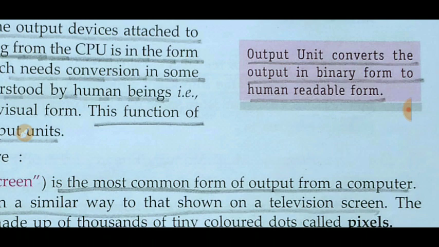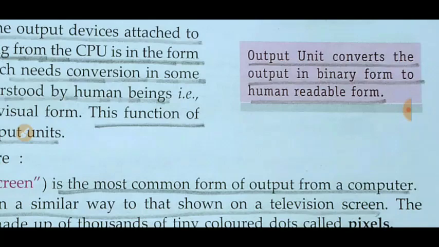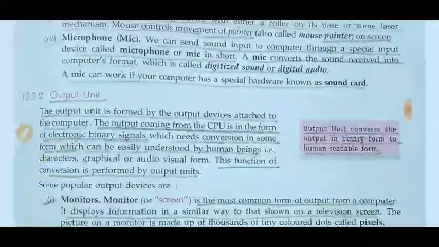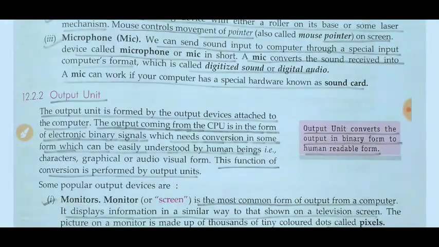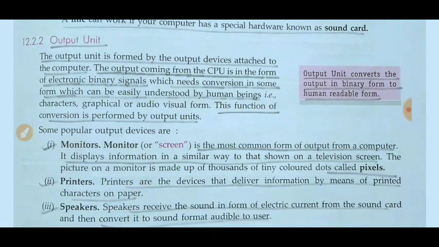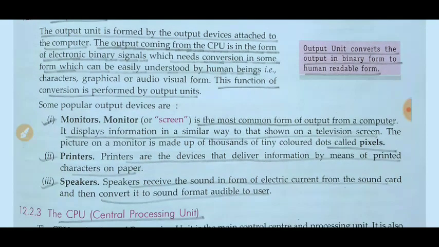Then this binary is converted by the output unit into human readable form, so humans can understand it. Clear? Then some popular output devices are monitor, printer, and speaker.